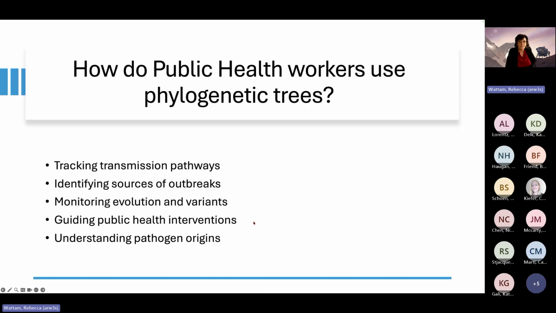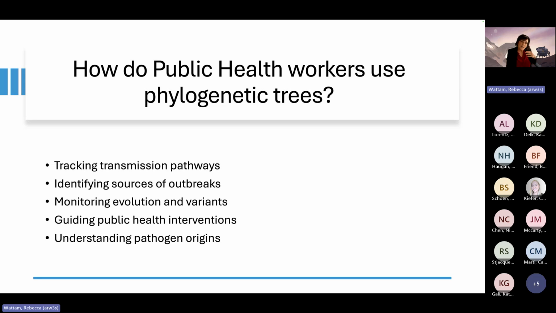There we go. So I guess I don't need to tell you guys how public health workers use phylogenetic trees, but I often need to tell myself that because you have more specialized interests generally than some of the stuff I do. But we all know that phylogenetic trees are important in tracking transmission pathways. We always want to identify the source of an outbreak.